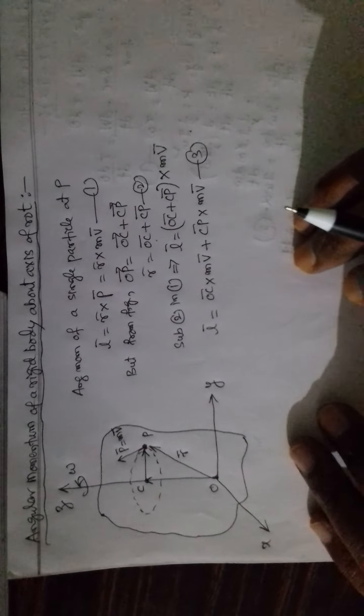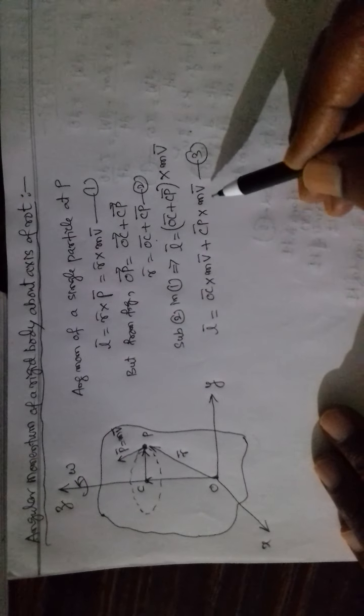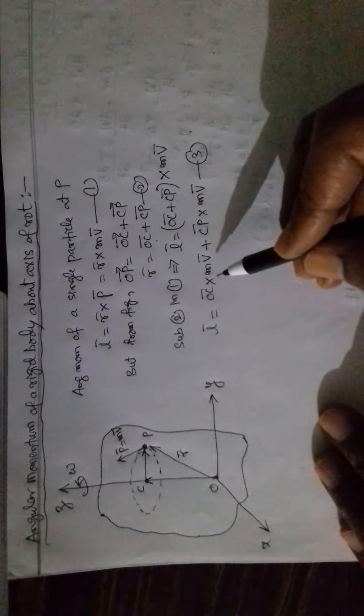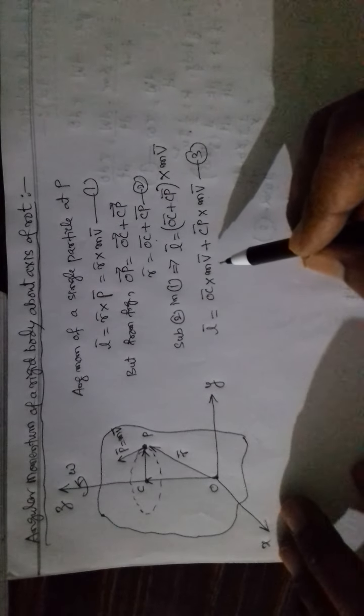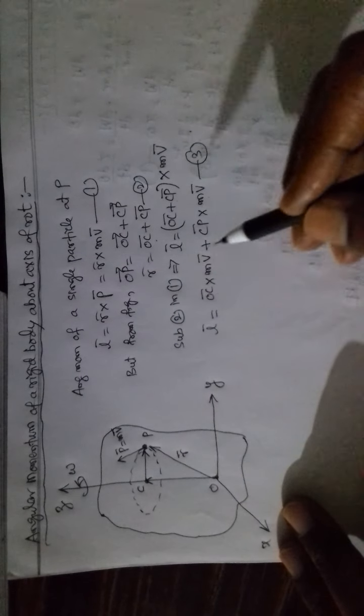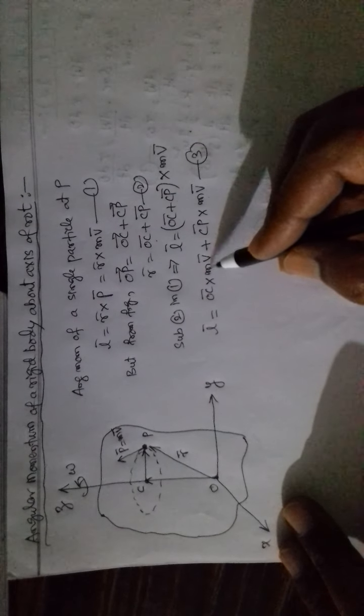Now let us see in which direction each term is. OC cross MV. See, OC means this one. Here mass is a scalar, so let us consider V only.